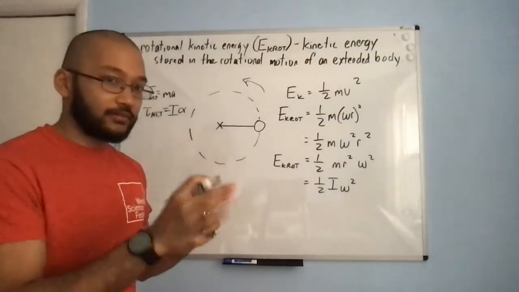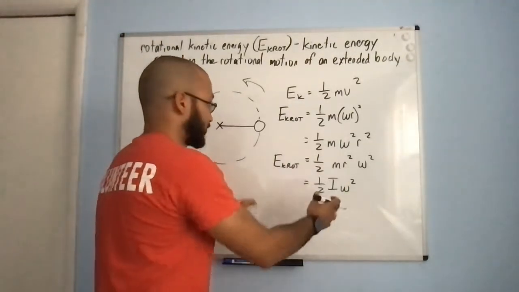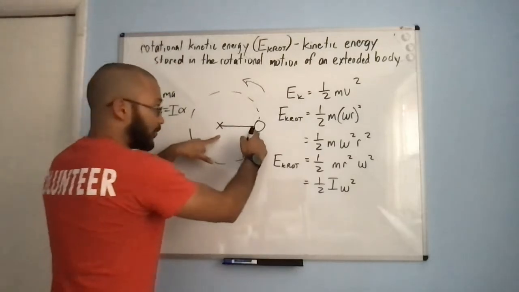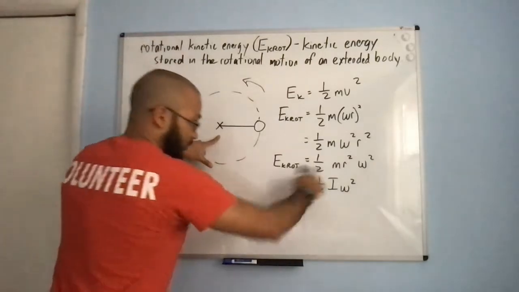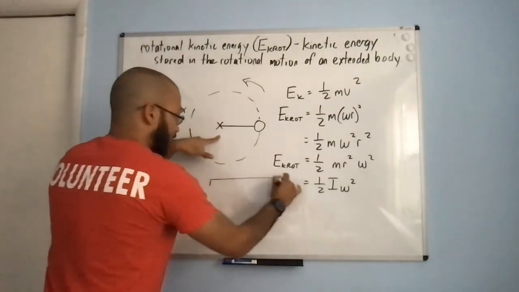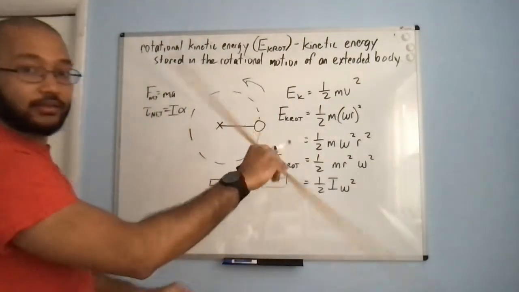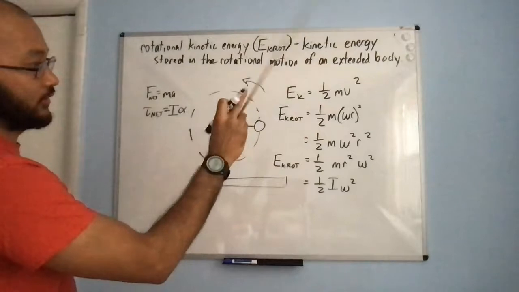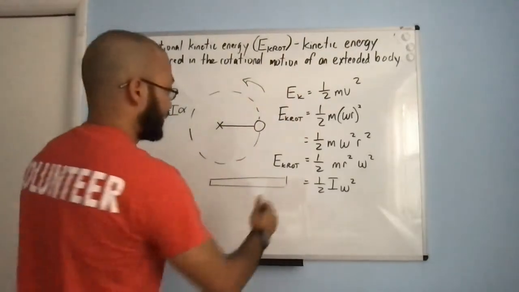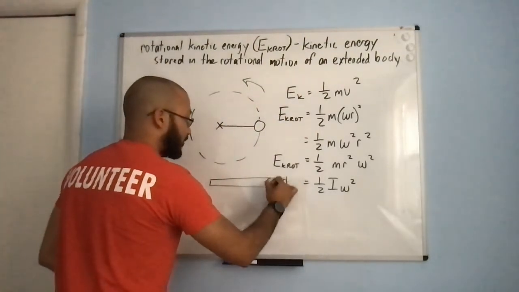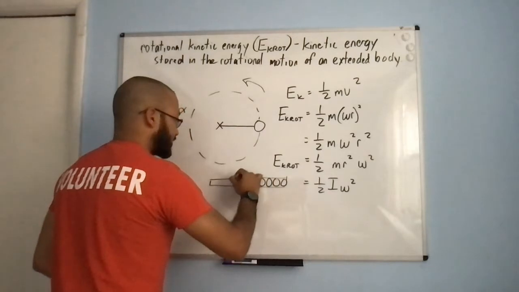Now, there is a little bit more complication with rotation. This is for a point mass; I showed it with one point mass. For a ruler, let's say, that's spinning like that, you can think of it as multiple tiny point masses.